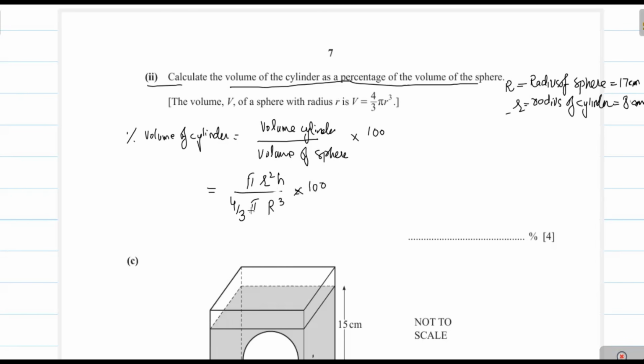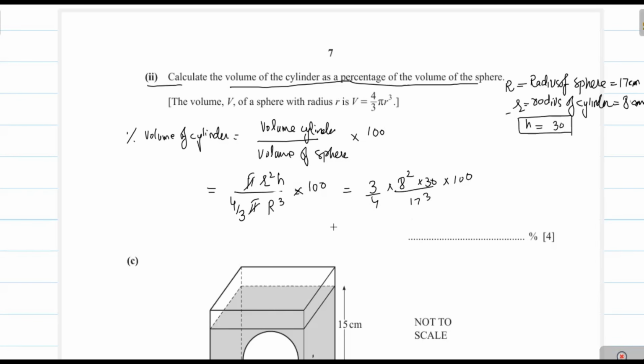Now we can write it as pi will be cancelled, and this equals 3 over 4 into r square. R is the radius of the cylinder, that's equal to 8 square, into the height of the cylinder, which is given in the last part as 30 centimeter. We write here 30, and the radius of the sphere is 17 cube multiplied by 100.